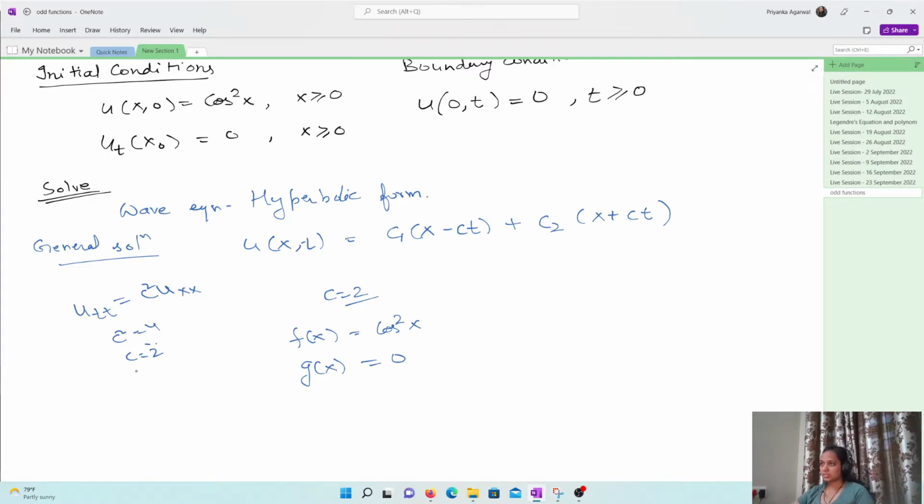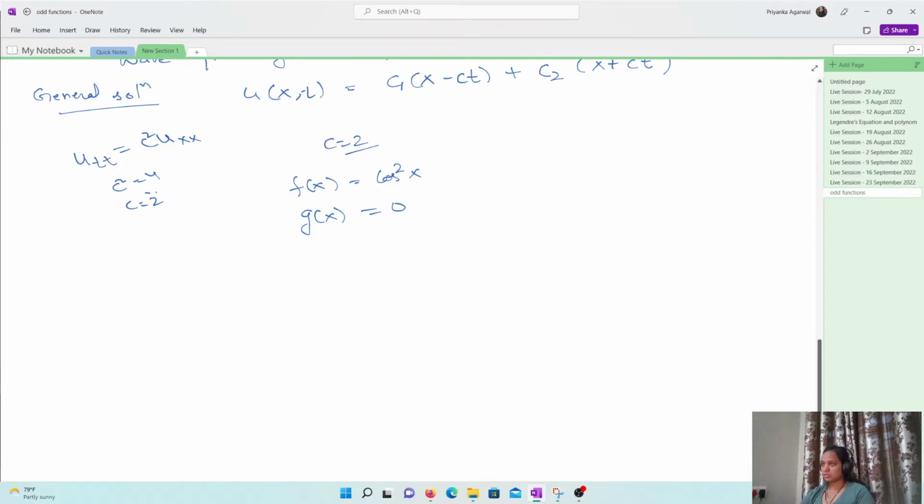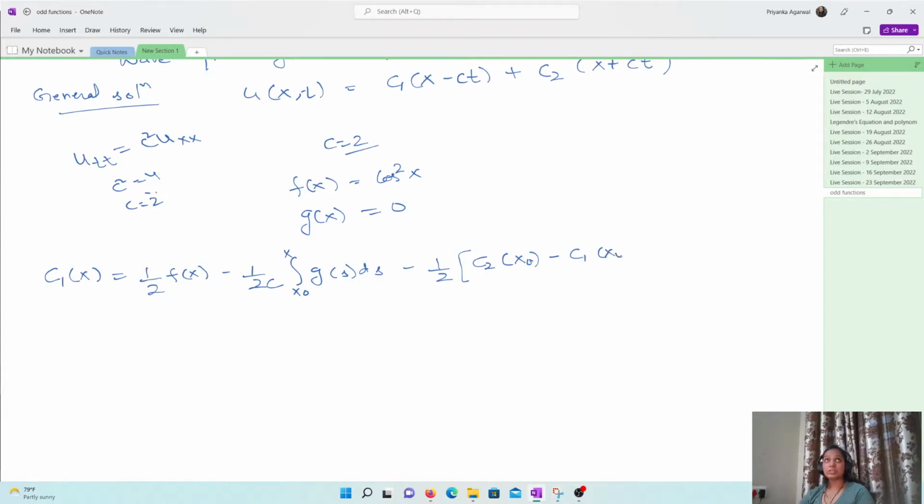Now if we just look at the c1 and c2 expressions, c1 of x can be written as 1 by 2 f of x minus 1 by 2c, integral from x0 to x of g of s ds, minus 1 by 2 c2 at x0 minus c1 at x0.